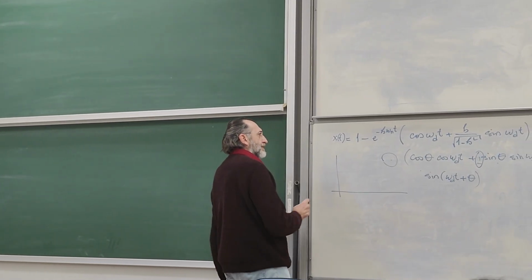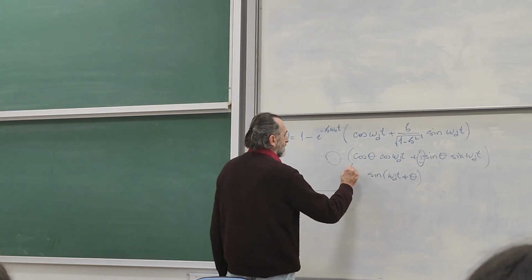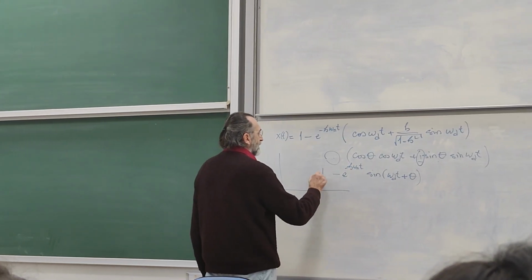So what we have here is e to the minus zeta omega_n t, and minus 1.